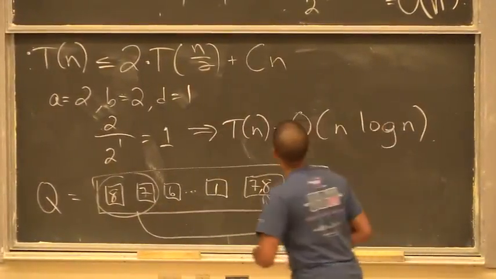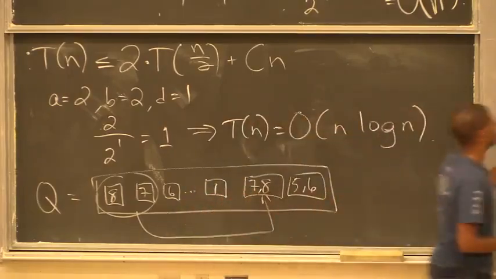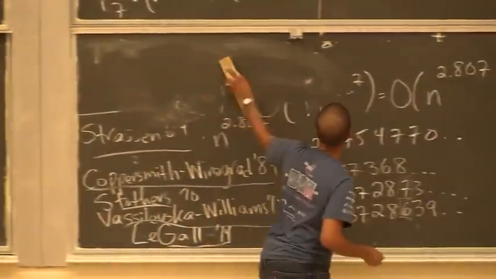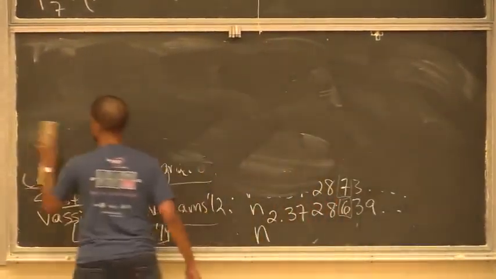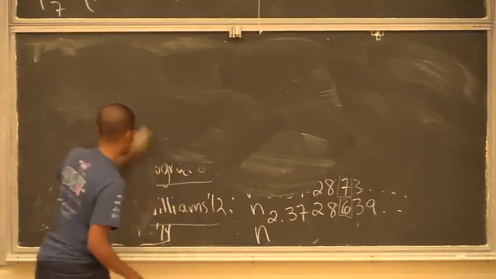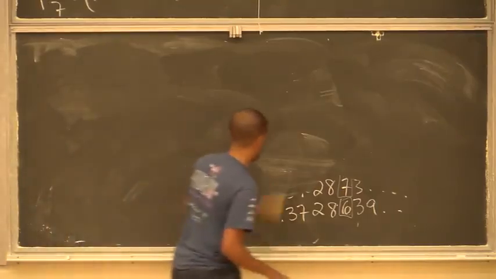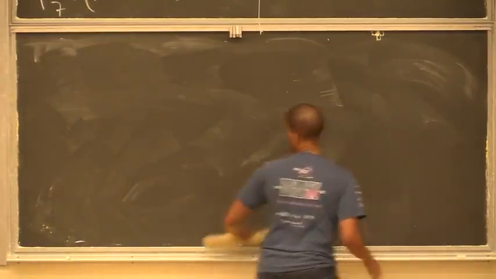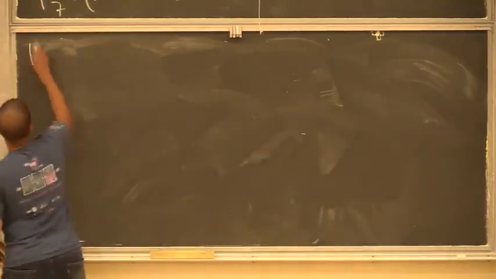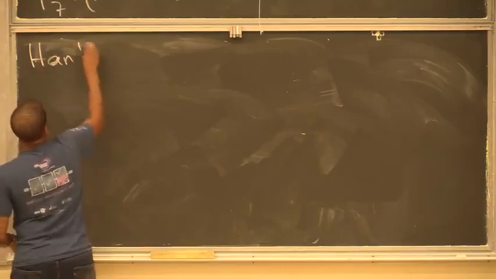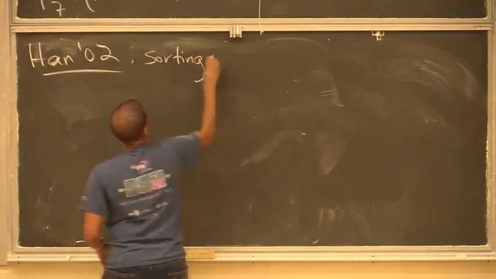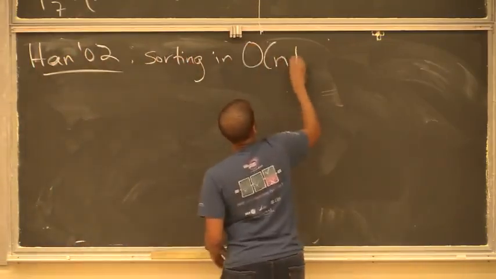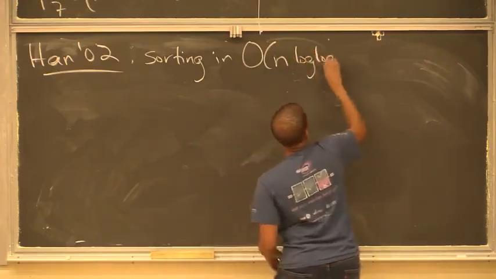Let me write that down. So Han, back in 2002, showed sorting in O of n log log n time.